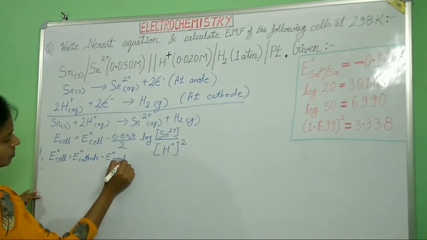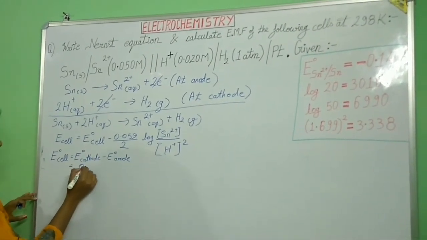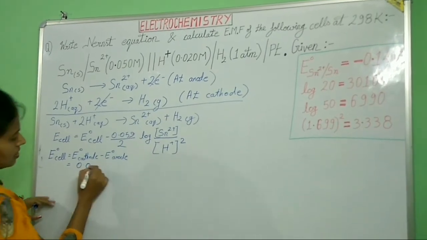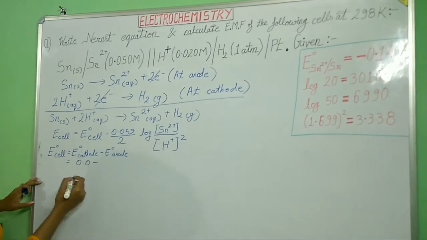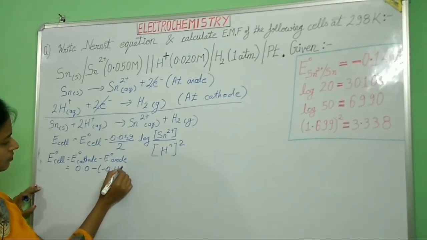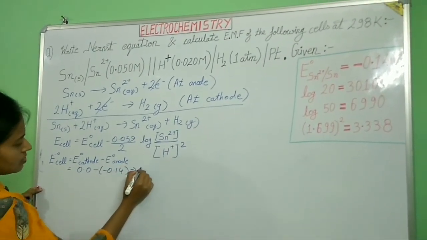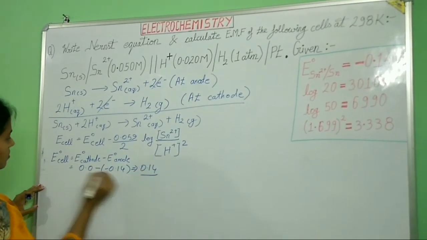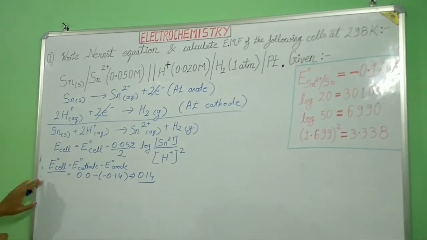So E naught cathode is for the hydrogen electrode, that is 0.0 we know, and E naught anode is given in the question, that is minus 0.14. So that will be 0.14. 0.14 is E naught cell.